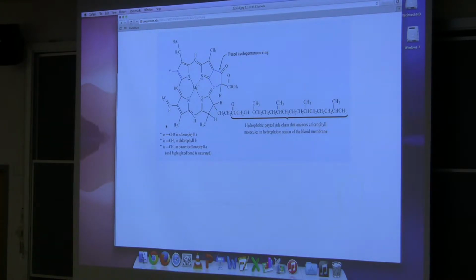And the major difference is that instead of having an iron at its center, the chlorophyll actually has a magnesium at its center. Okay? You notice that this has a long hydrophobic side chain coming off of it, and that helps to anchor the chlorophyll into the thylakoid membrane within the chloroplast.